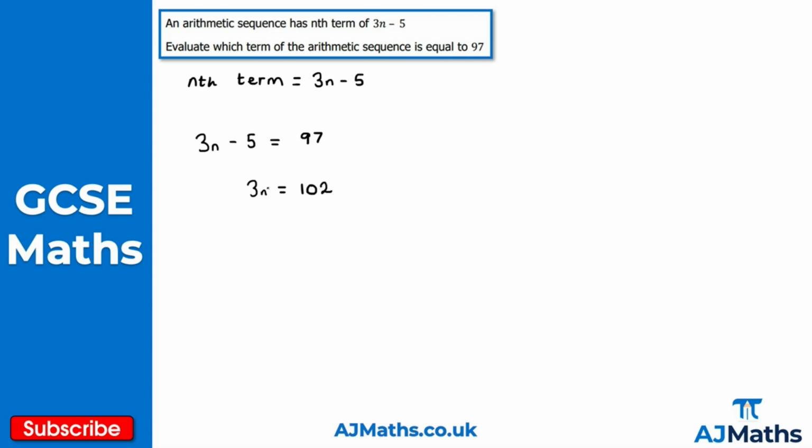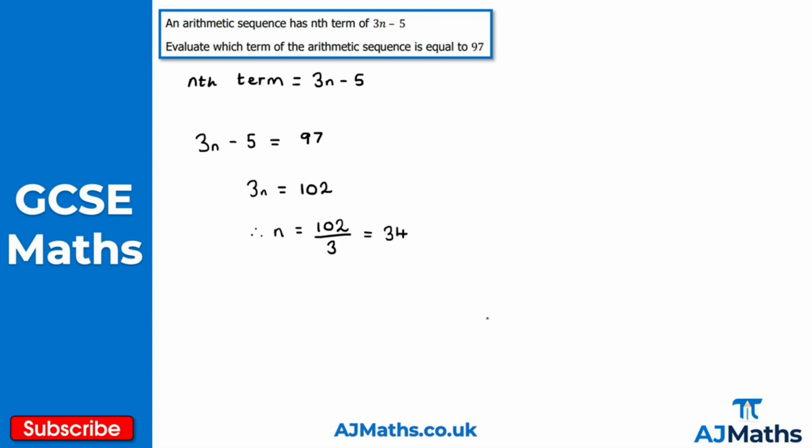And now what I'm going to do is divide both sides by 3. So n is equal to 102 divided by 3. In that case, what I'm going to get is 34. Because we got a whole number, that means 97 is in the sequence, but we'd already expect that because we're told to evaluate which term of the sequence is equal to 97.